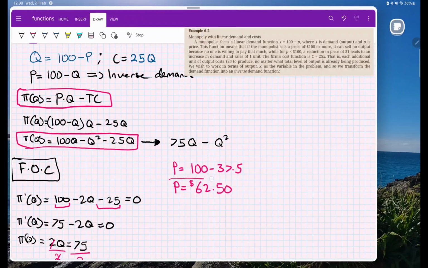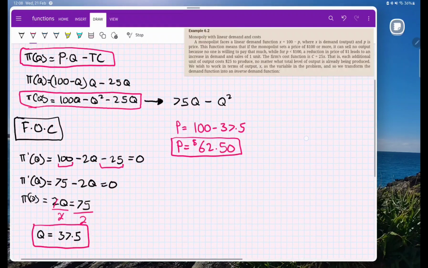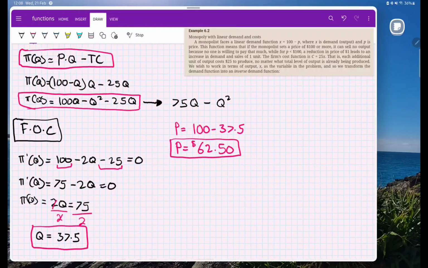So that is your P. Plugging that in, maximum profits will equal 62.5 times 37.5 minus 25 times 37.5.